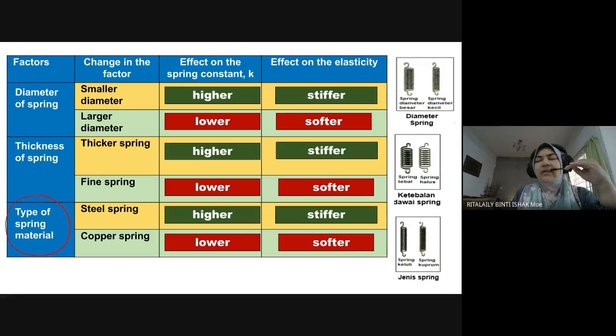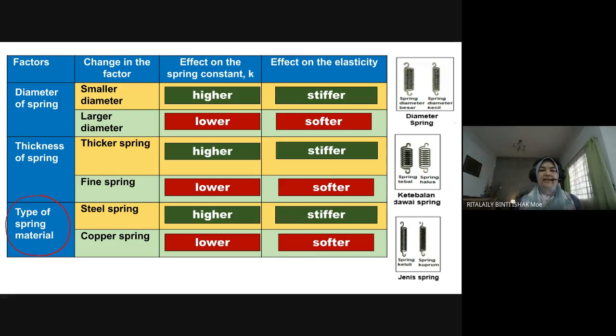if the question asks us about constant variable, please don't use type of spring material. Okay, because for experiment, katalah soalan dalam bentuk eksperimen kan, the question asks us what is the constant variable. Avoid using type because we cannot measure type. For variables, only the physical quantity that can be measured is used.